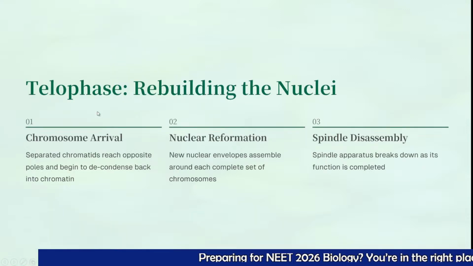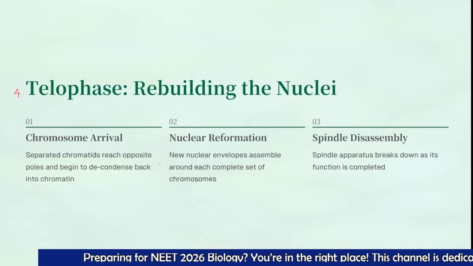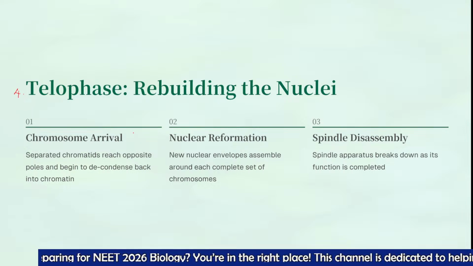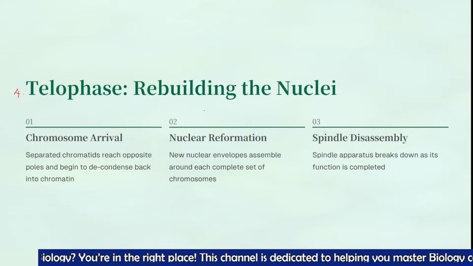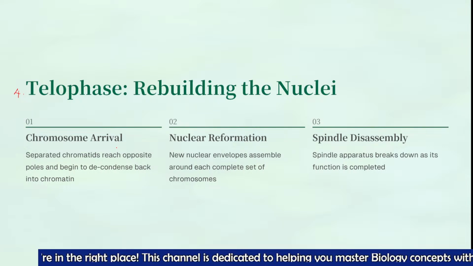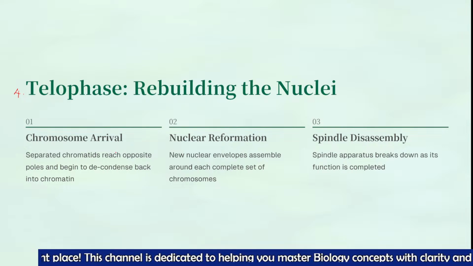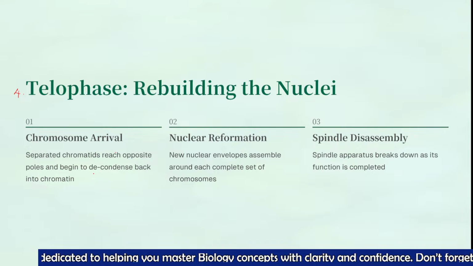And the last phase under the karyokinesis, the fourth phase, is the telophase. In the telophase stage, when you compare with what we learned in the prophase, the exact opposite takes place.